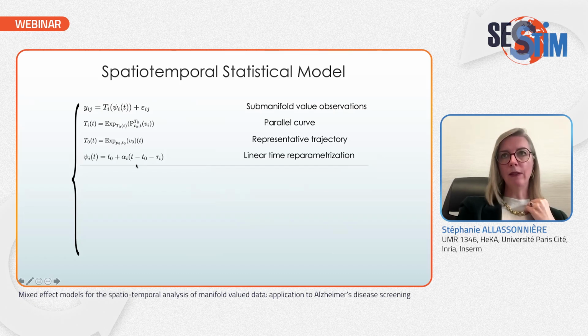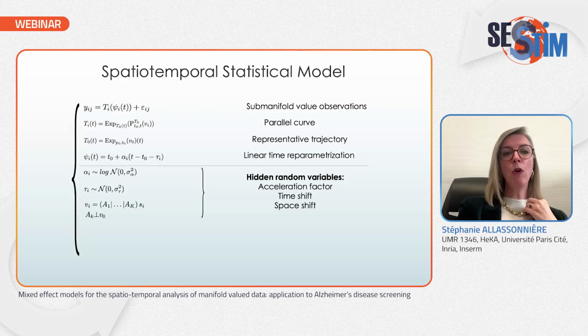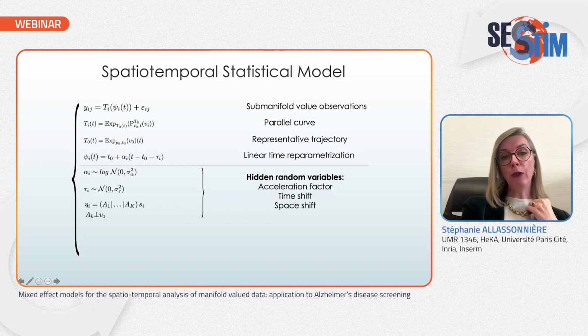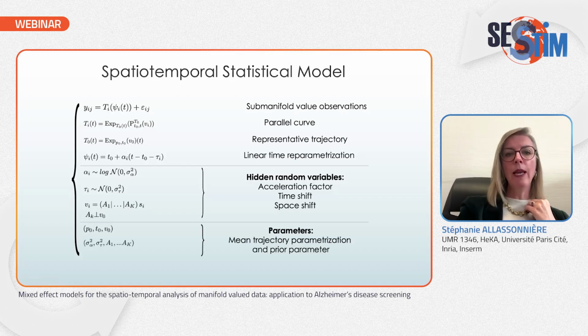And then, this is the model, you have all the hidden variables, so all these latent variables that you don't know for each given patient. So how fast and how early this person is moving. What is the difference in terms of clinical presentation this person behaves? So these are the hidden variables, and then you have the parameters to estimate.